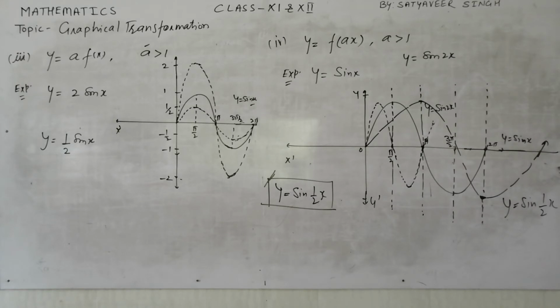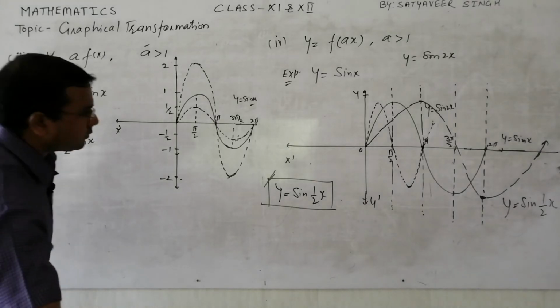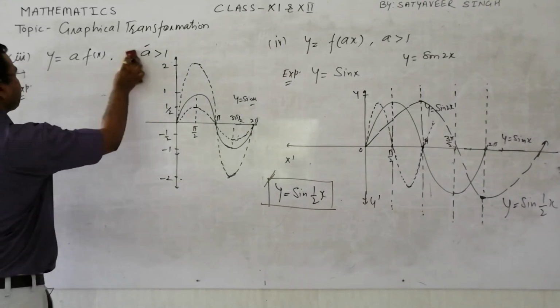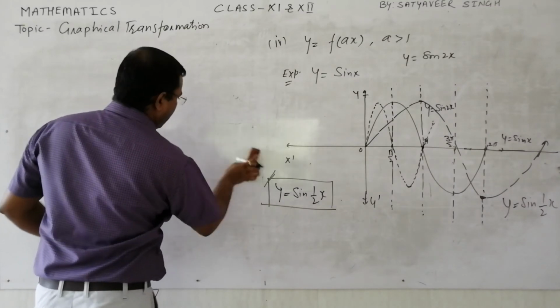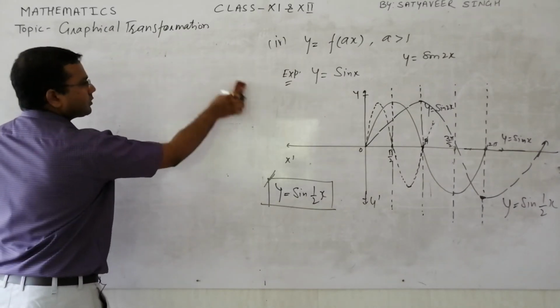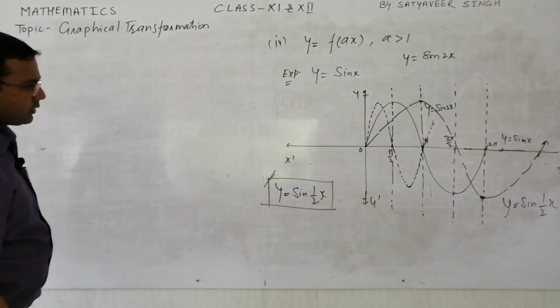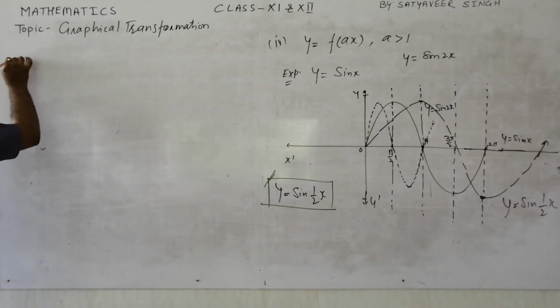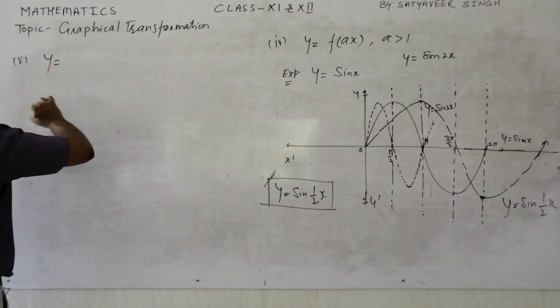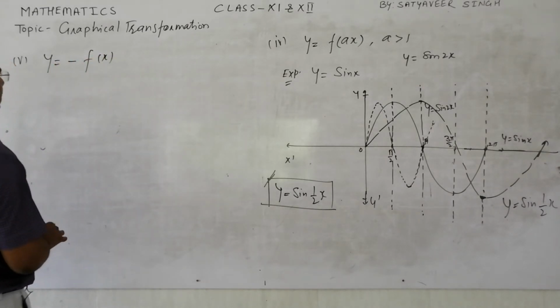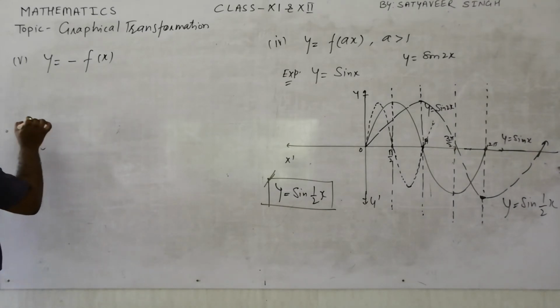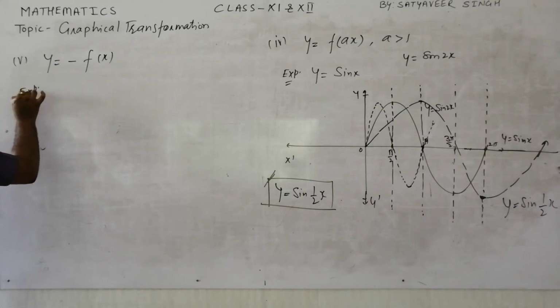It is also one of the very interesting transformations. So it happens like y is equal to minus f of x. It is possible. If y is equal to minus f of x, see the example for this.